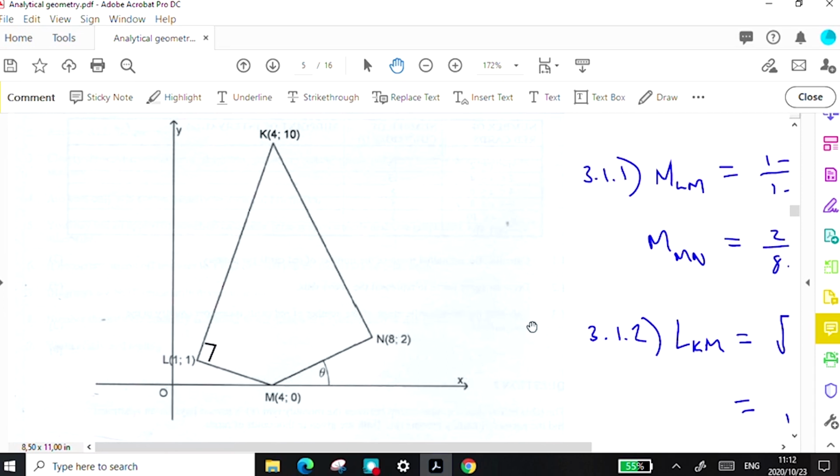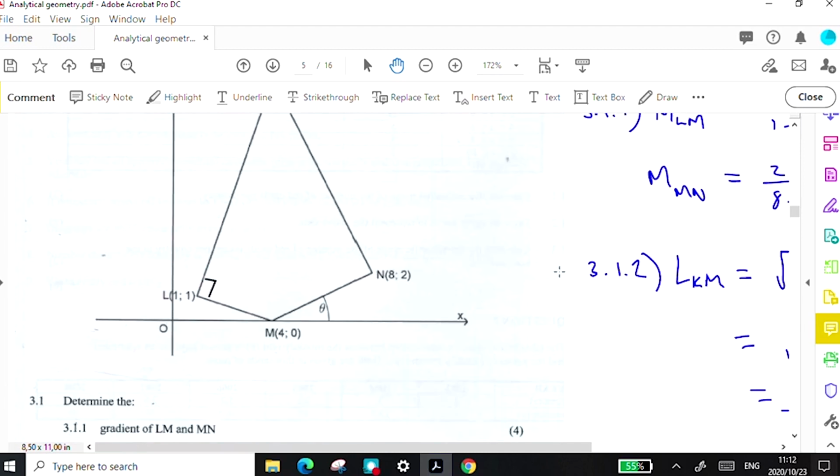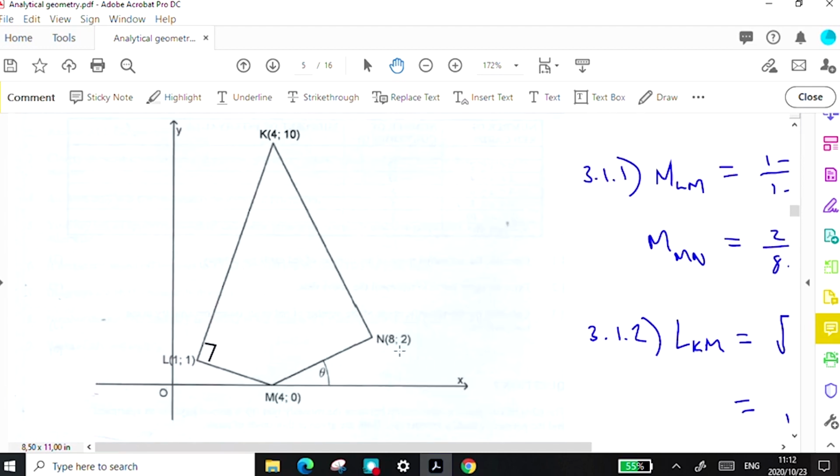That is the opposite angles. So we just need to prove that KN is perpendicular to MN.